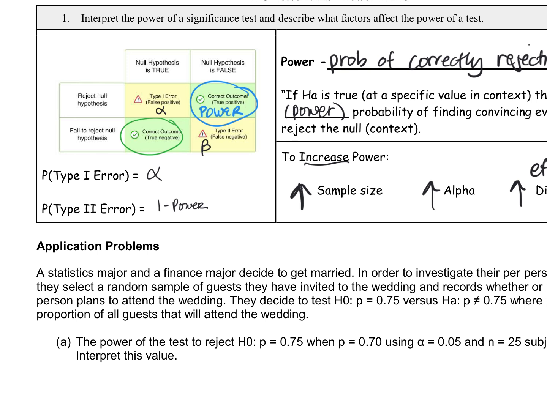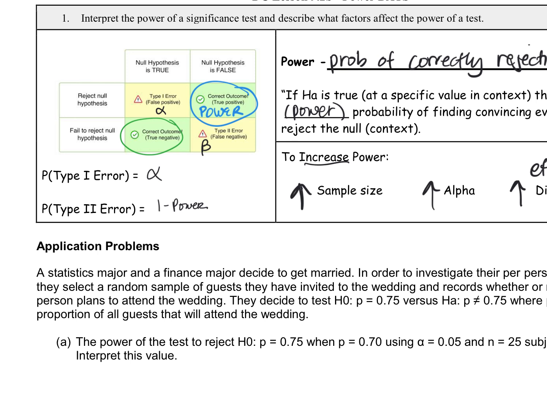Alrighty, so let's try this out. It's really not that bad, honestly. Okay, a statistics major and a finance major decide to get married. In order to investigate their per-person expenses, they select a random sample of guests they have invited to the wedding and record whether or not each person plans to attend the wedding. They decide to test the null of P equals 75% against the alternative that it's not 75%.